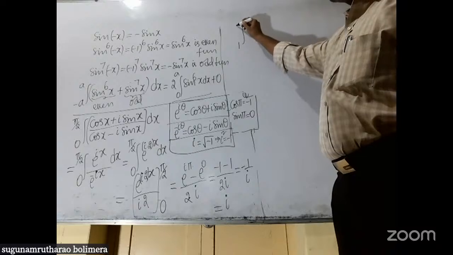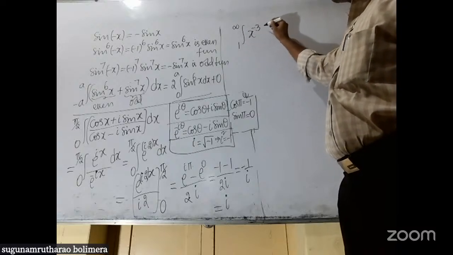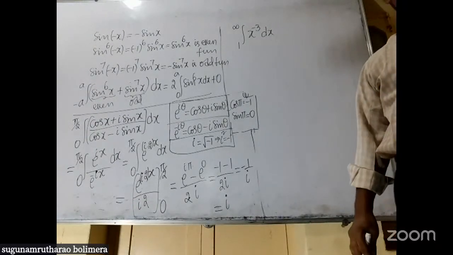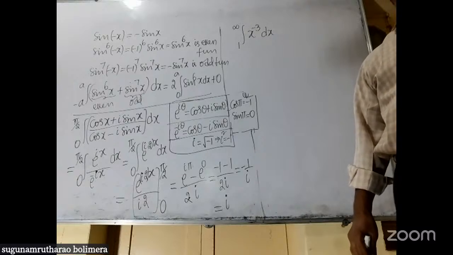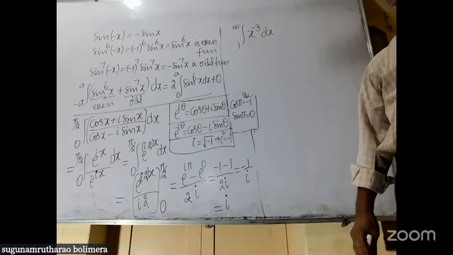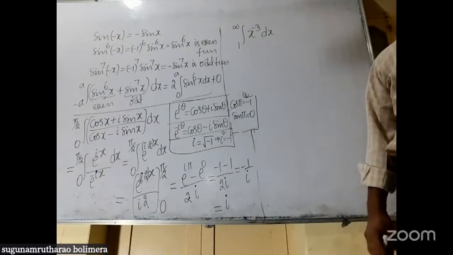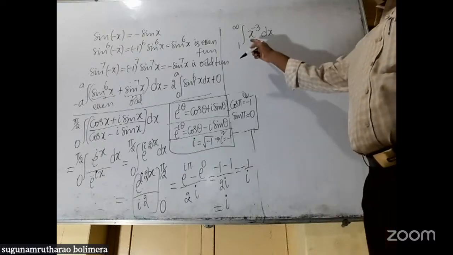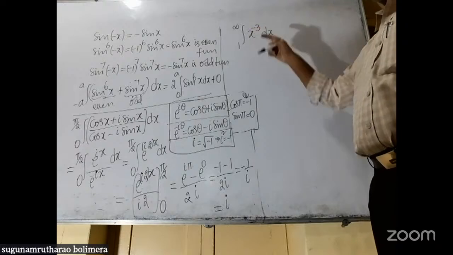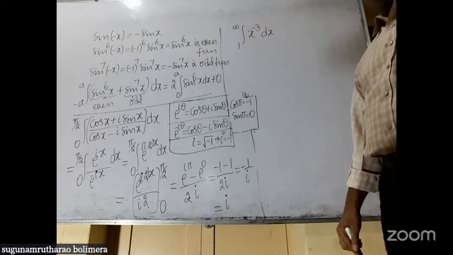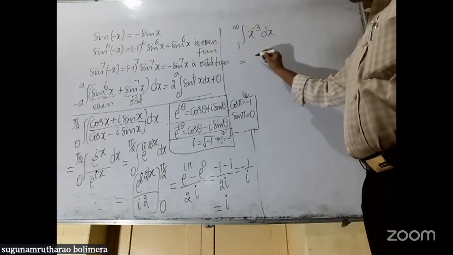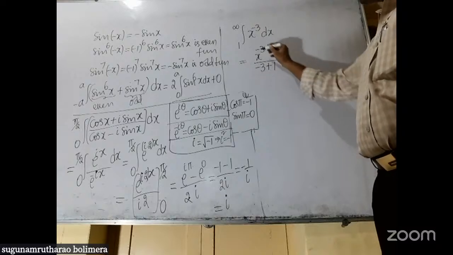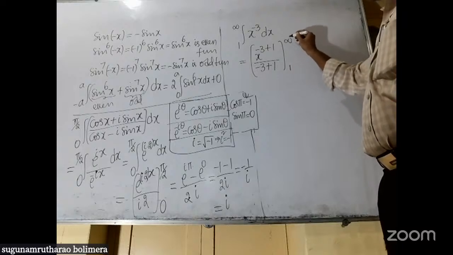And write one more. Find the value of the integral from 1 to infinity of x power minus 3 dx. Just ordinary integration. x power minus 3 plus 1, divided by minus 3 plus 1, limits from 1 to infinity.